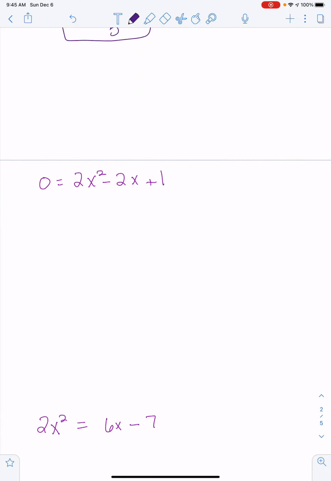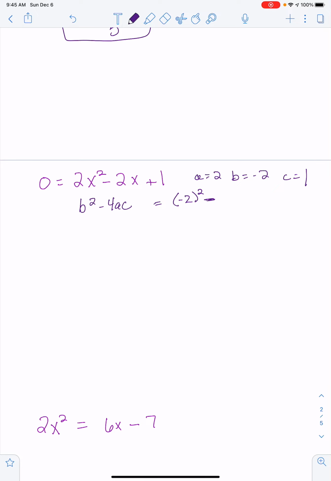So a is equal to 2, b is equal to negative 2, and c is equal to 1. So we're going to check our discriminant. b squared minus 4ac, that's that part inside the square root. And it would be negative 2 squared plus or minus, oh, not a plus, I'm sorry, got my parts of the formula.